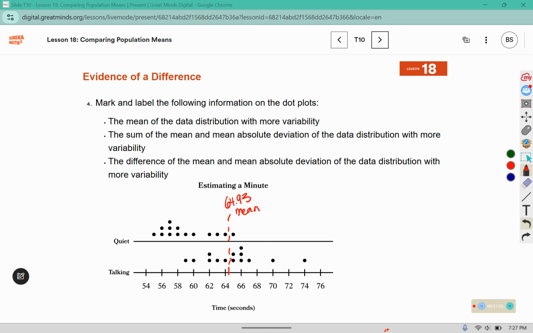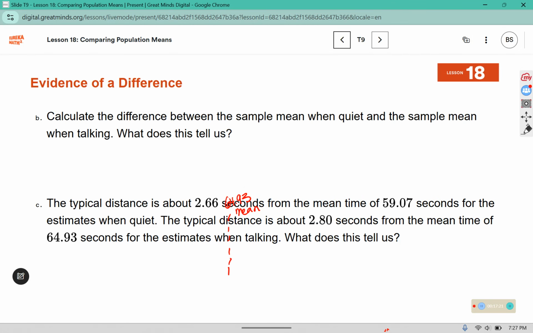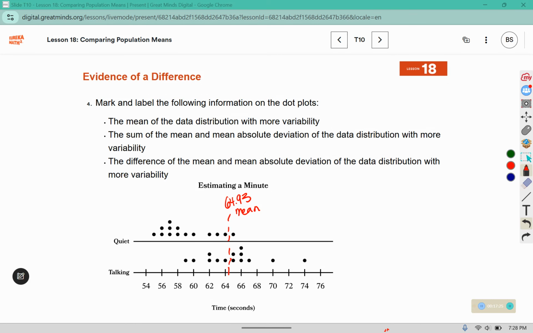The sum of the mean and the mean absolute deviation of the data distribution with more variability. Well, the variability for that was 2.80. So we're going to add 2.80 to 64.93, which is 67.73.